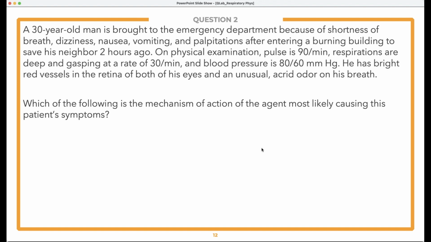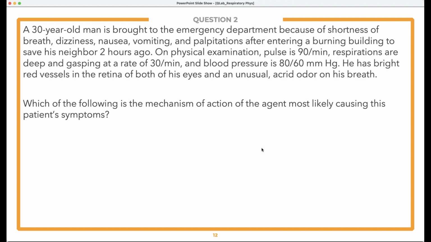Let's read the vignette. A 30-year-old man is brought to the emergency department because of shortness of breath, dizziness, nausea, vomiting, and palpitations after entering a burning building to save his neighbor 2 hours ago. On physical examination, pulse is 90, respirations are deep and gasping at a rate of 30 a minute, and blood pressure is 80/60.